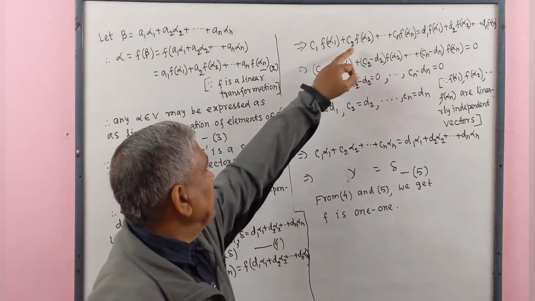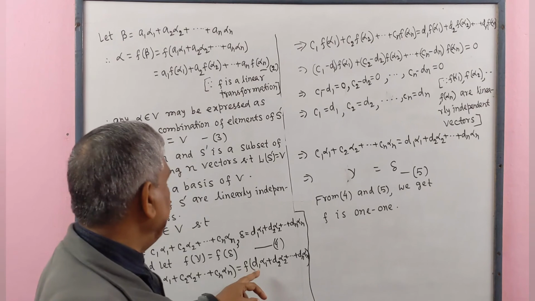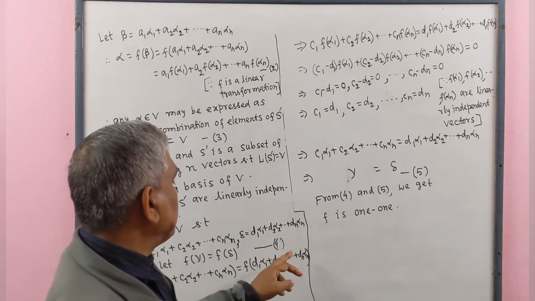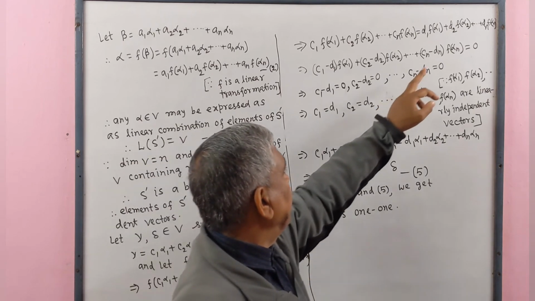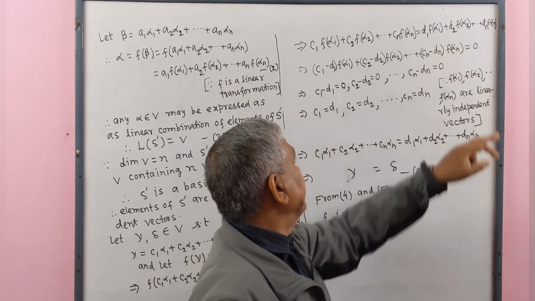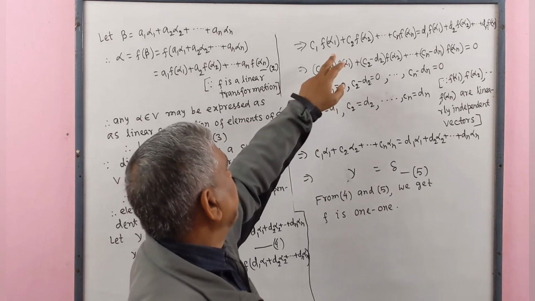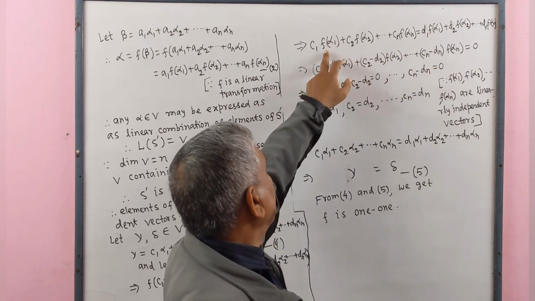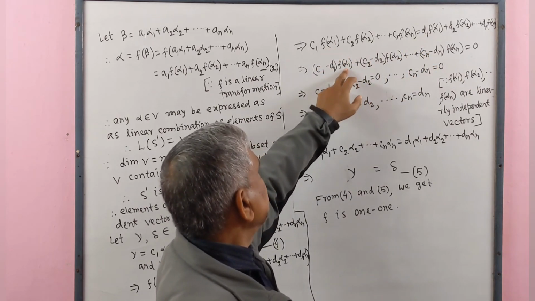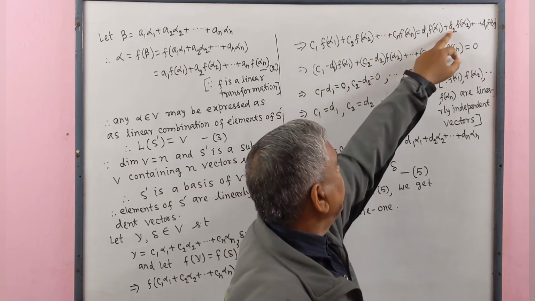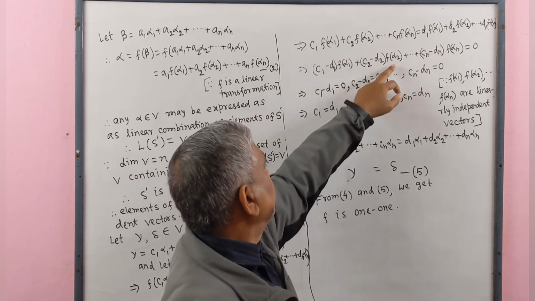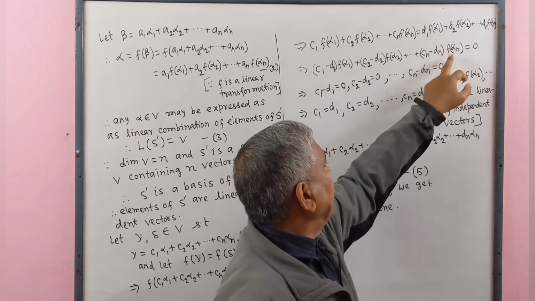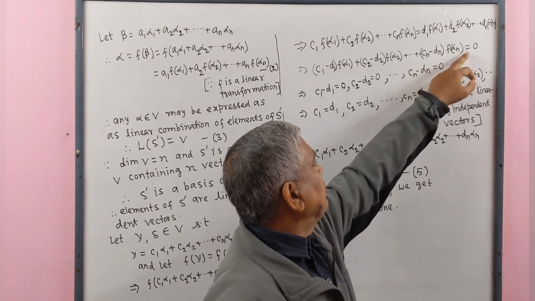Here left side, and right side d1 f alpha 1 plus d2 f alpha 2 plus ... dn f alpha n, right side. This implies that (c1 minus d1) f alpha 1 plus (c2 minus d2) f alpha 2 plus ... (cn minus dn) f alpha n equal to 0.